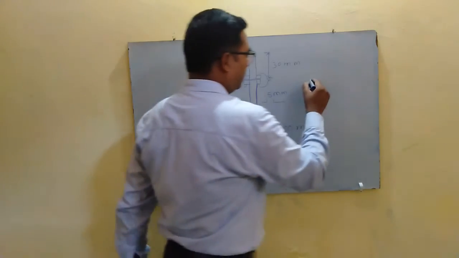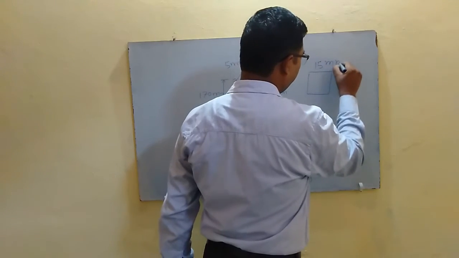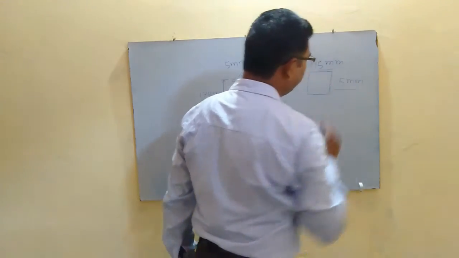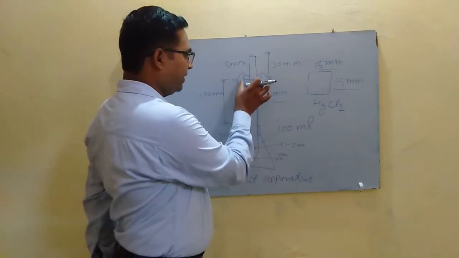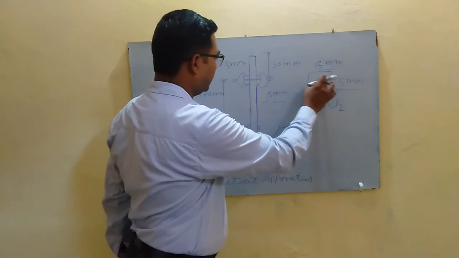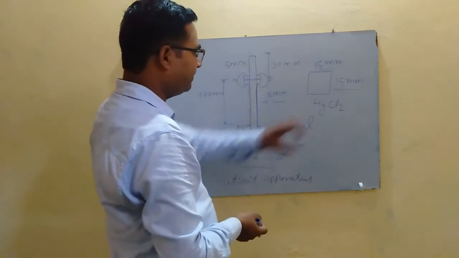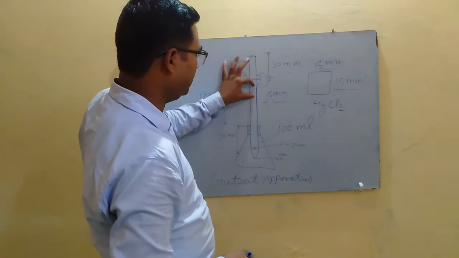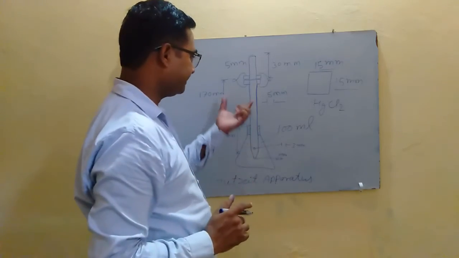A paper of 15 mm by 15 mm, impregnated with mercuric chloride, is placed between these two tubes in such a manner that the center of this paper is placed above this tube and below the other tube, with the help of a set of two corks and clamps.